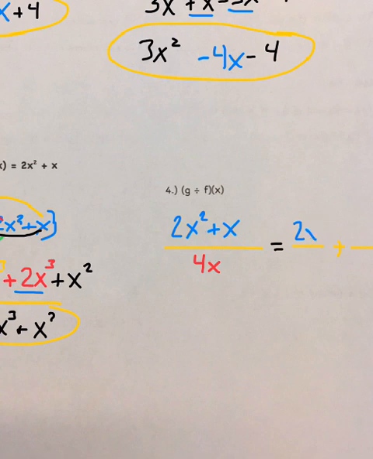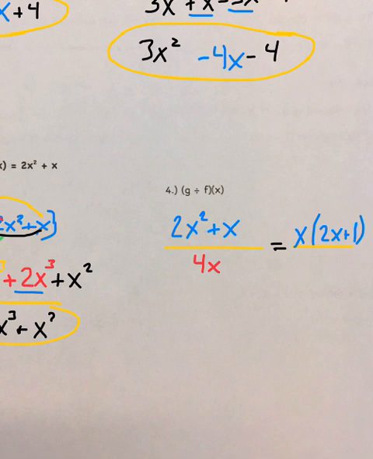Well, I know what I'm going to do. I'm going to do something different. So my 2x squared plus x, I can rewrite that as x times 2x plus 1, and then it's still over 4x.